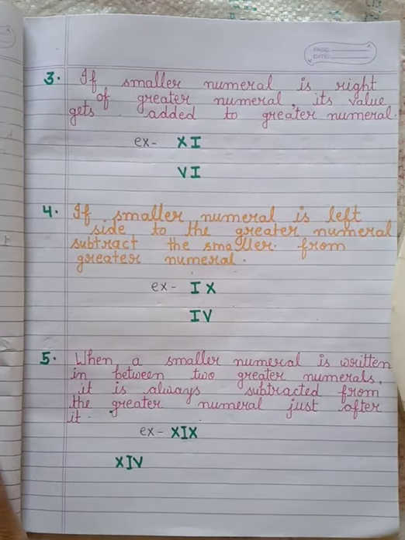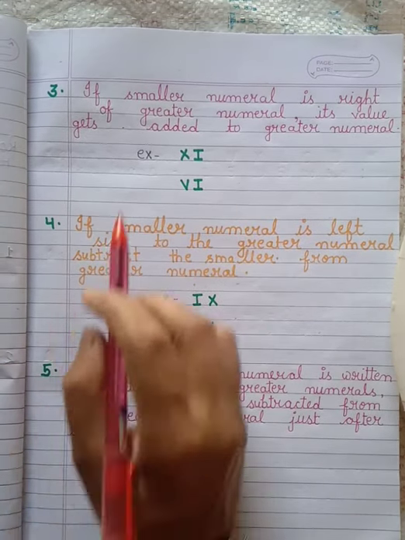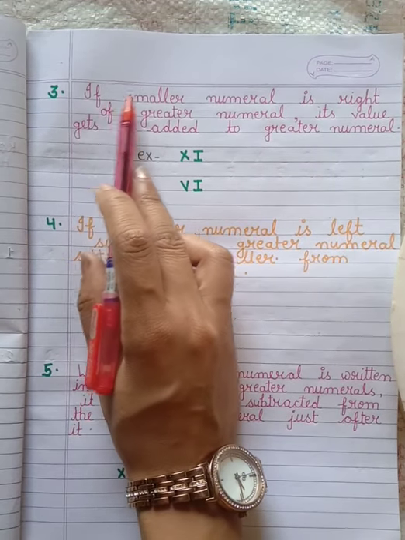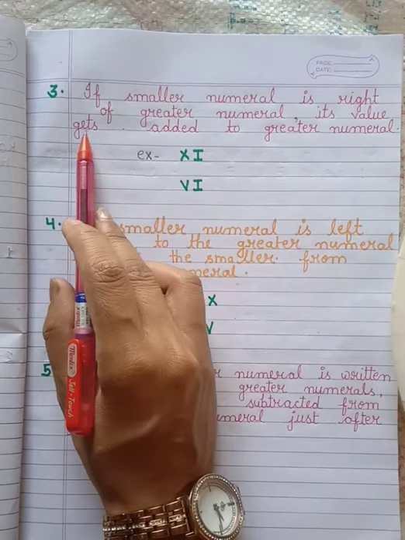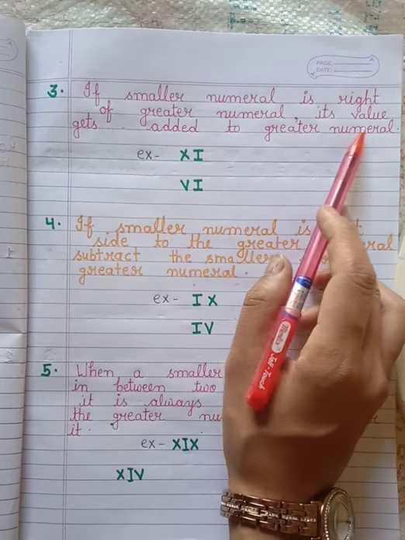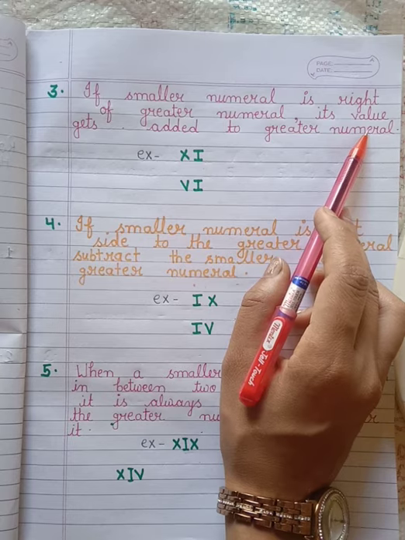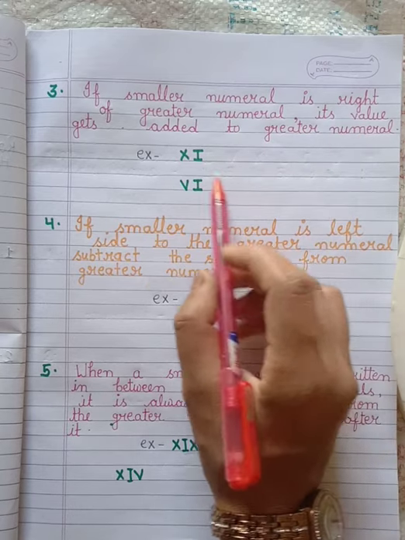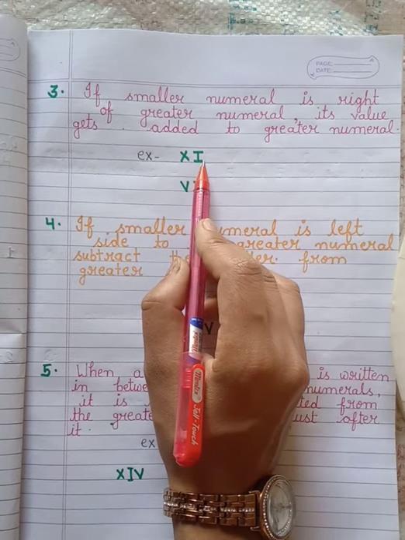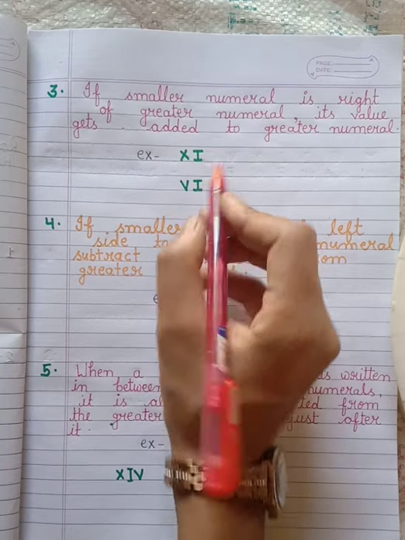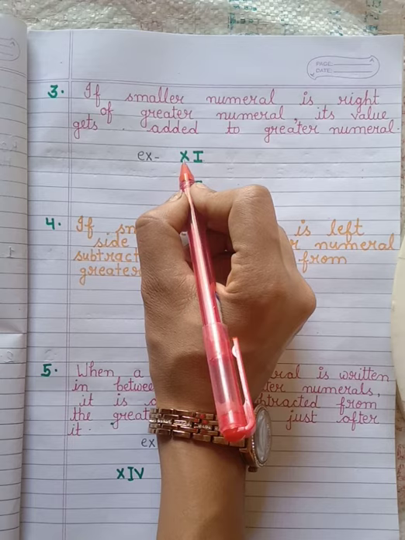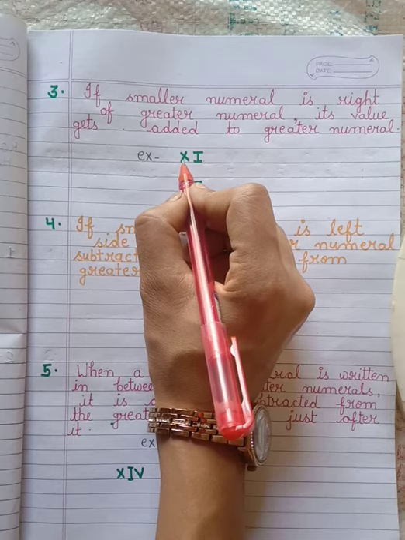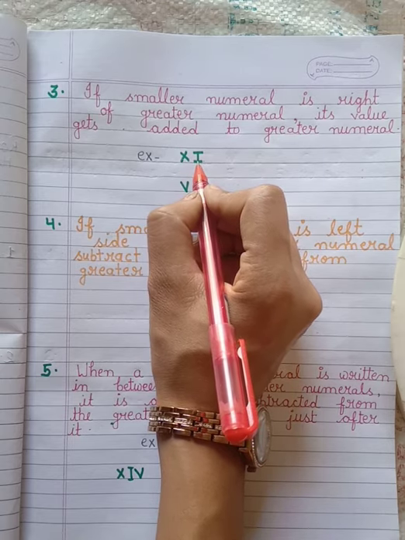Now let's move to the next rule. Rule number 3 is, if a smaller numeral is to the right of a greater numeral, its value gets added to the greater numeral. For example, XI. Here you can see I is smaller and X is greater, because the value of X is 10 and the value of I is 1.